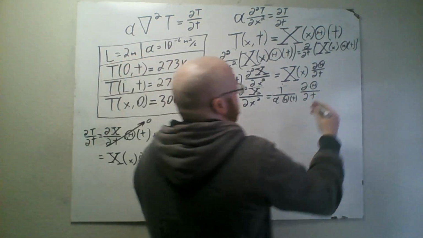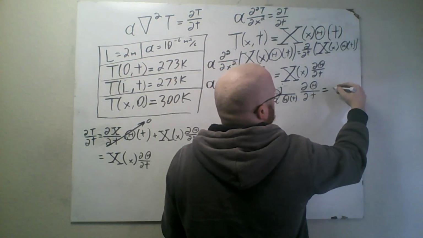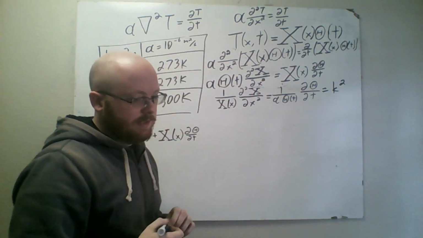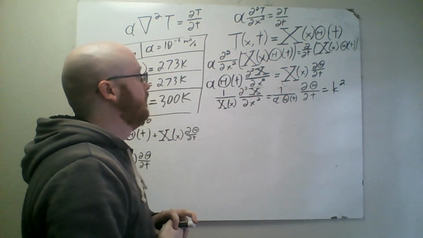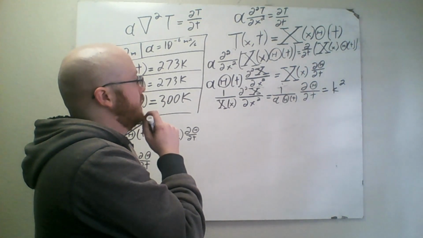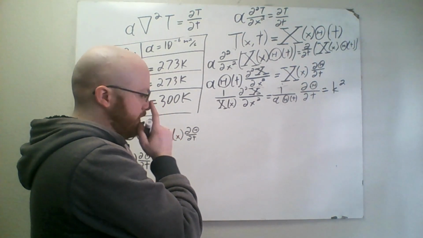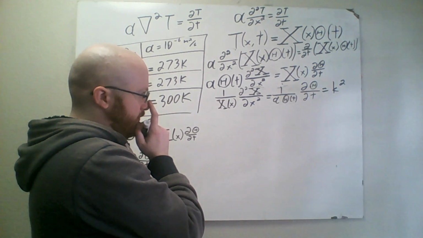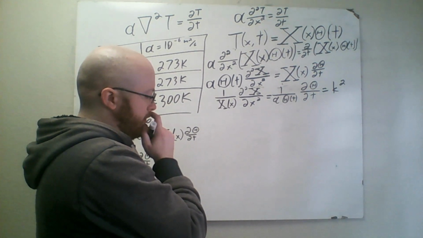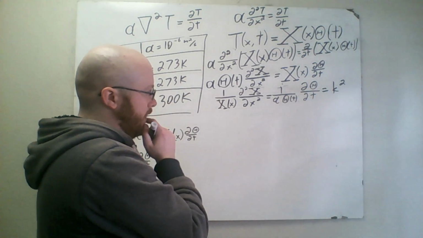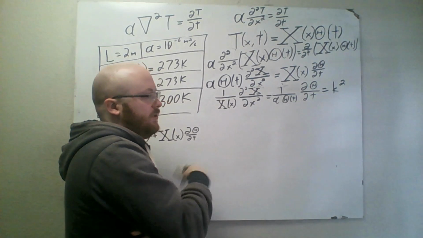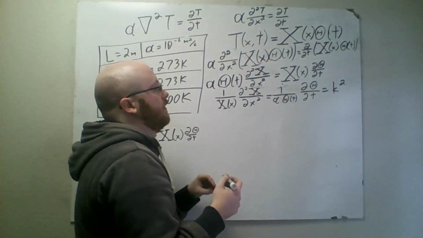So now, let's try that. We say this is equal to some constant, and I'm going to pick k squared. I want to make sure I get everything right, because if you get the sign wrong here, it could mess with you later, but it just turns into an imaginary thing.